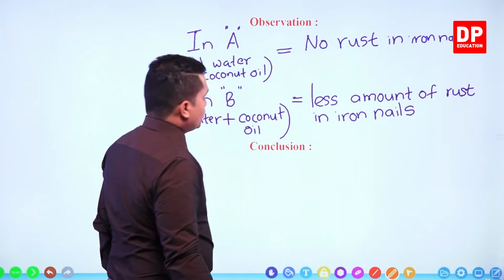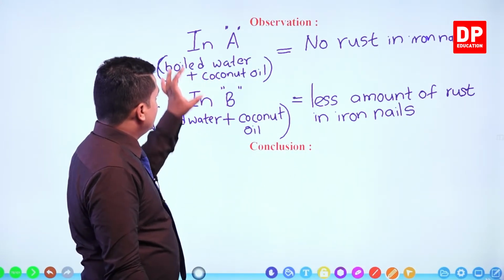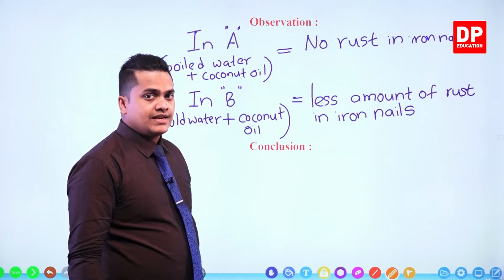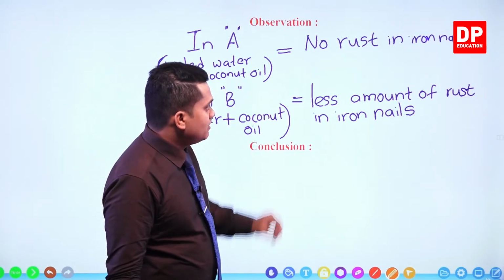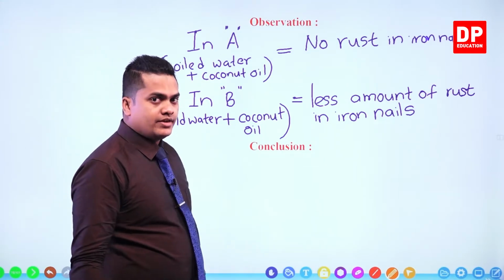Right, so no rust in iron nails in A setup. In B setup, less amount of rust in iron nails.